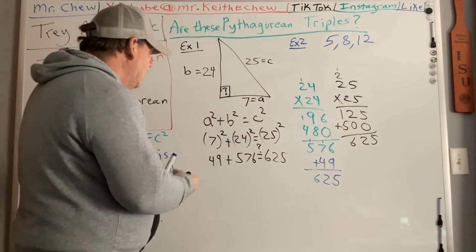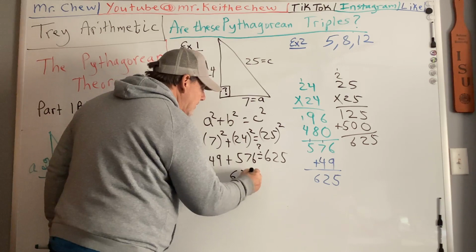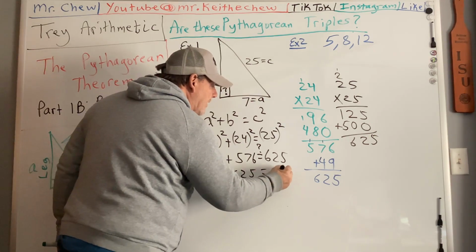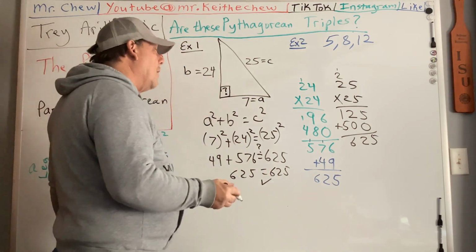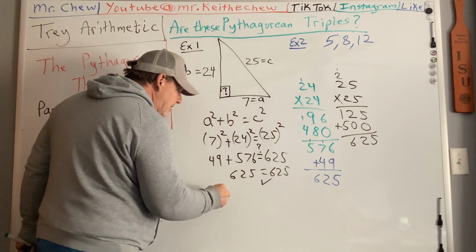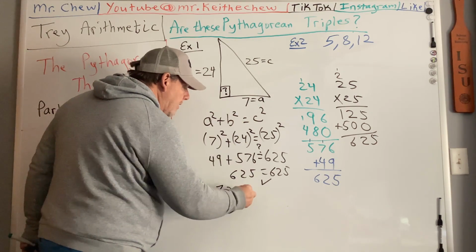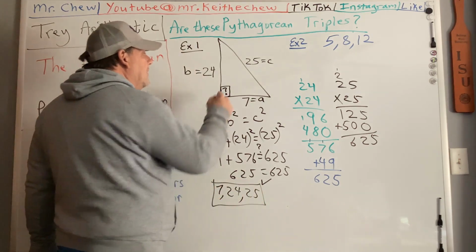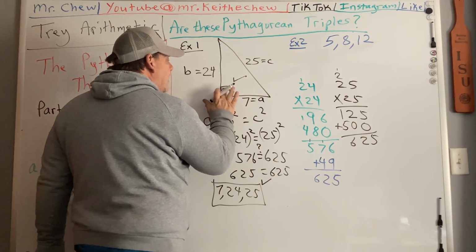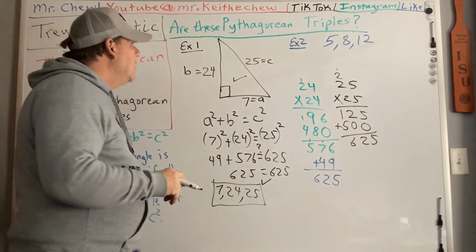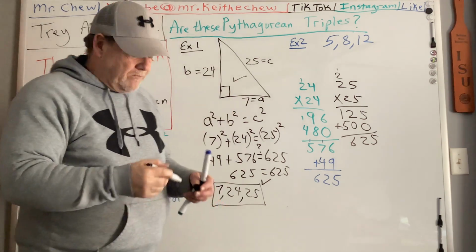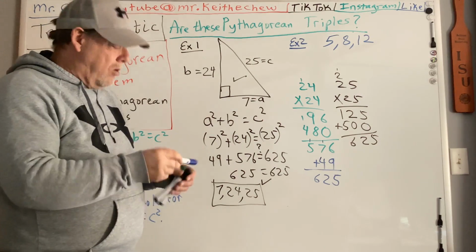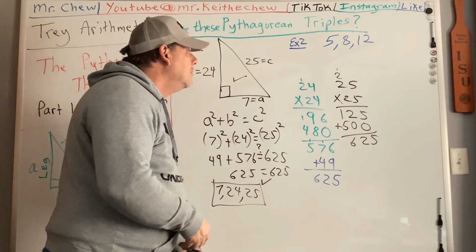So, does 625 equal 625? Yes, it does. So what does it mean? It means that 7, 24, and 25 are a Pythagorean triple. And yes, that is a right angle. And no matter how you put a 7, a 24, and a 25 together, they will always be right angles.